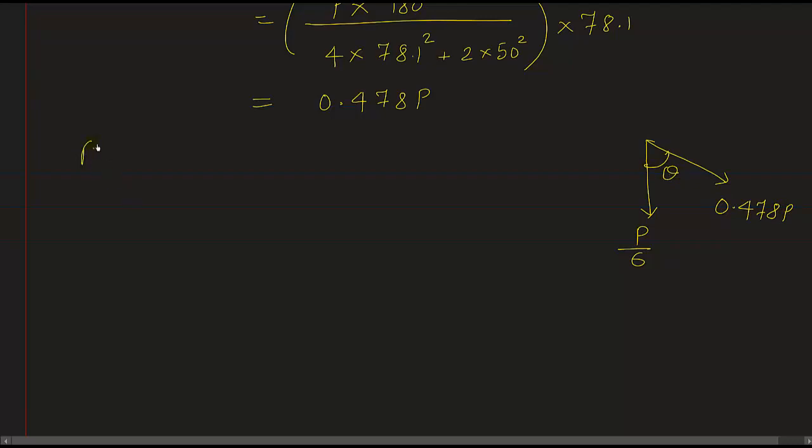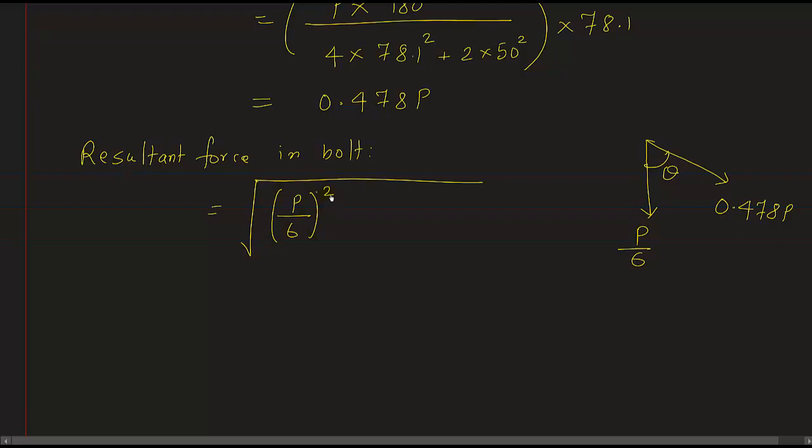So the resultant force in the bolt is nothing but, we have to use the formula square root of P1 square plus P2 square plus 2 P1 P2 cos theta. So this is P by 6 whole square plus 0.478 P whole square plus 2 times P by 6 times 0.478 P times cos theta.